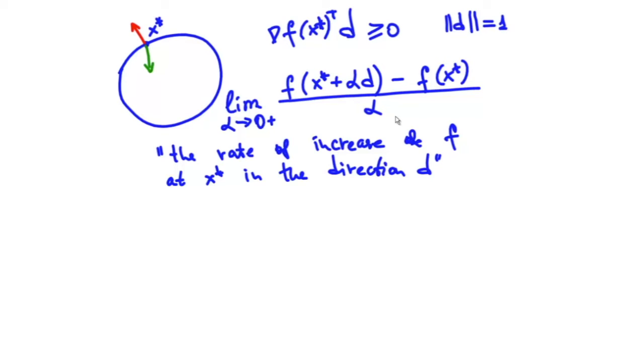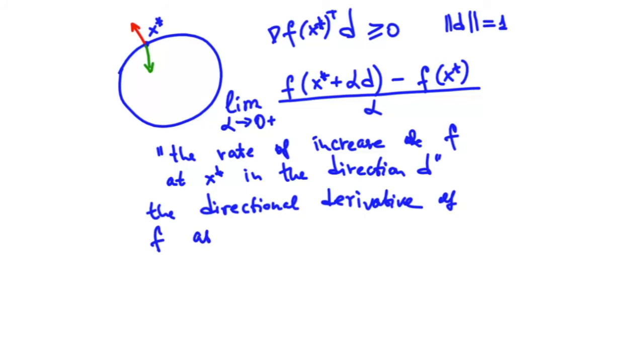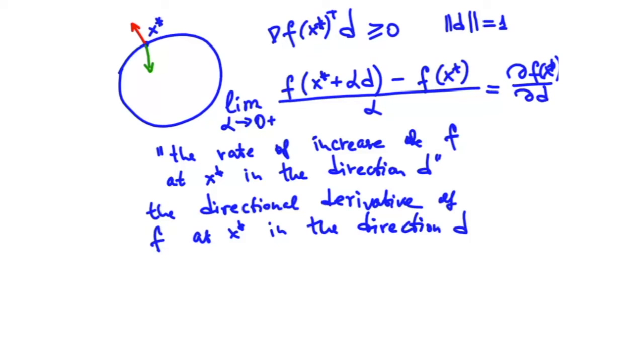In fact, when we assume that the length of vector d is equal to 1, we call it the rate of increase. But for an arbitrary d, we call it the directional derivative of f at x star in the direction d, which is also denoted by df at x star over dd.